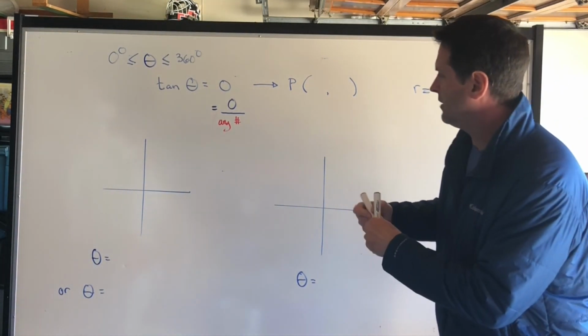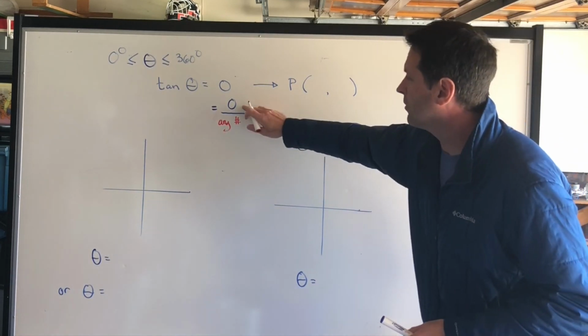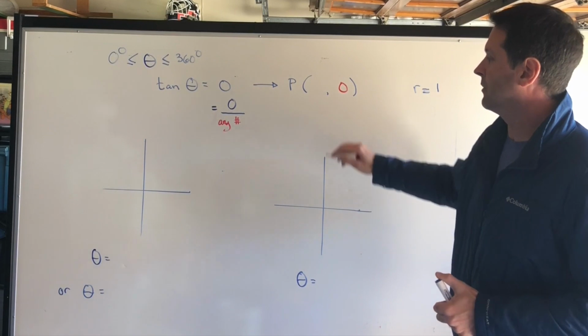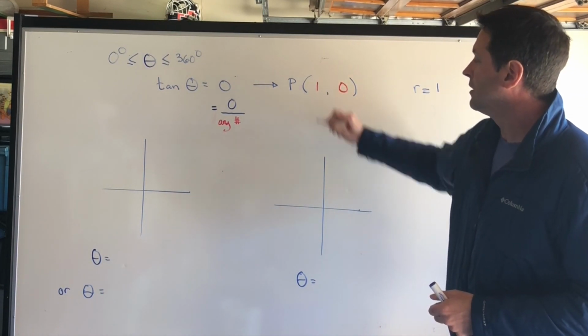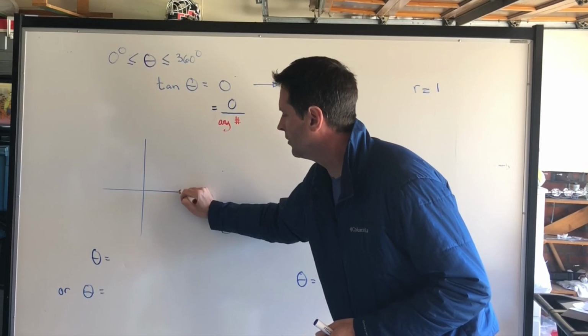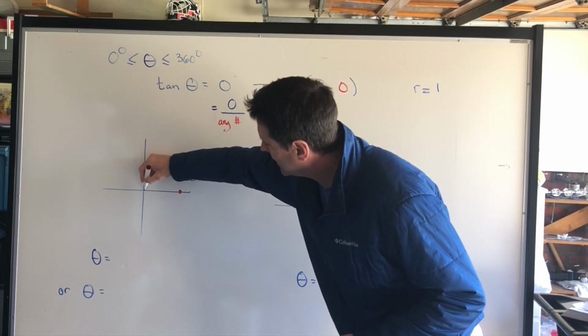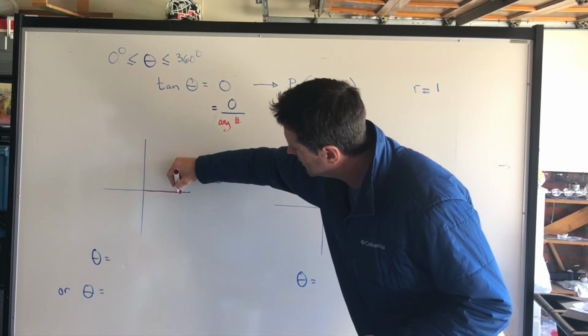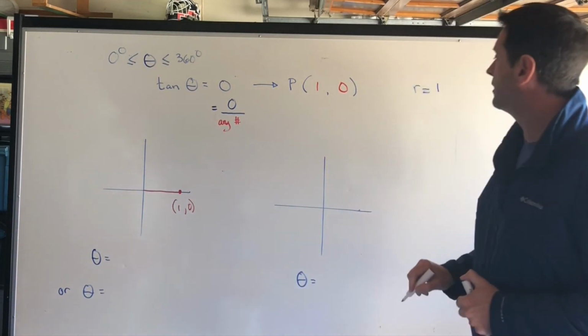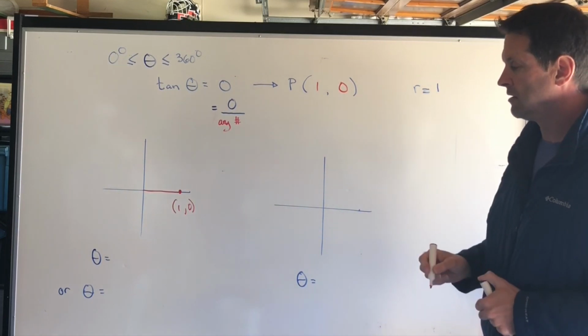Point P, that means the y coordinate is 0. And the x coordinate can be any number. It could be 1. And if that's the case, 1 and 0. If the y coordinate is 0, then we know that the terminal arm has to be on the x-axis. R is equal to 1.